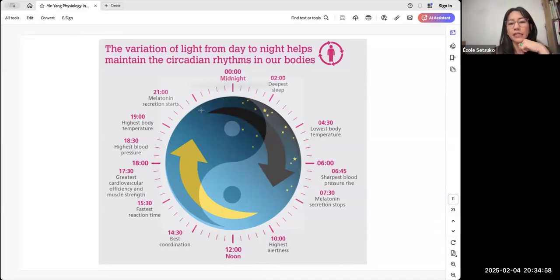At the darkest part, it's like 11, 12 a.m., and then we move into dawn. There's a little bit of light starting and then the sun starts to rise. By the time we reach midday, it's full yang, full light, full heat. And then we start to move down into dusk as the sun sets and we're back in bed again.